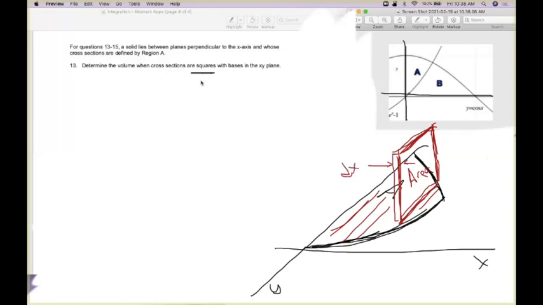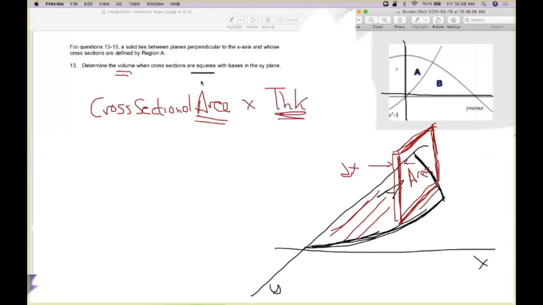So in order to get these volumes, what you need is the cross-sectional area. You've got the area times the thickness, two dimensions multiplied by a third dimension, and you end up with three dimensions, which is going to be volume.